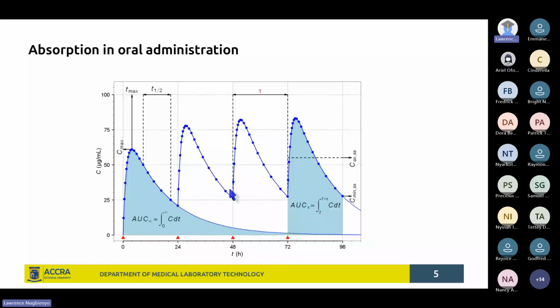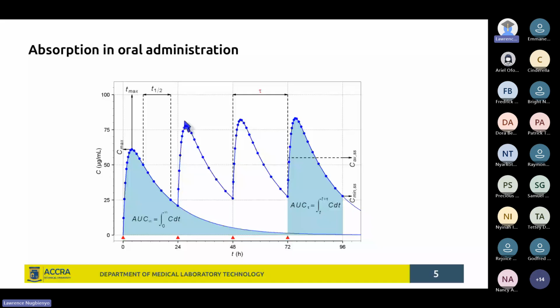If you are looking over a period of, say, 96 hours, what you see is that just as the drug reaches a certain point of elimination, another dose is taken, which increases the concentration again, and the curve repeats.